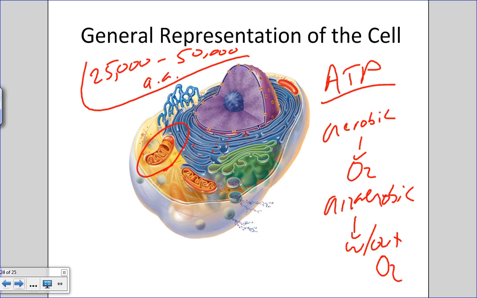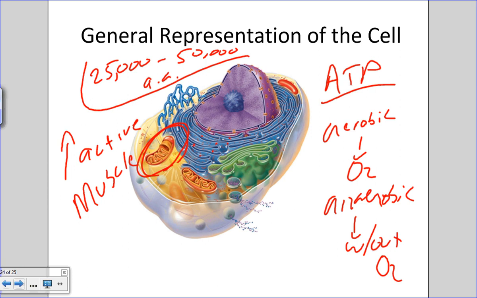And there are certain cells of the body that have more mitochondria. Typically, this is easy to think about. The more metabolically active the cell, the more mitochondria are typically going to be within that cell. So what are the more active tissues of the body? An easy one that pops into mind is muscle tissue. Muscle tissue is very metabolically active.